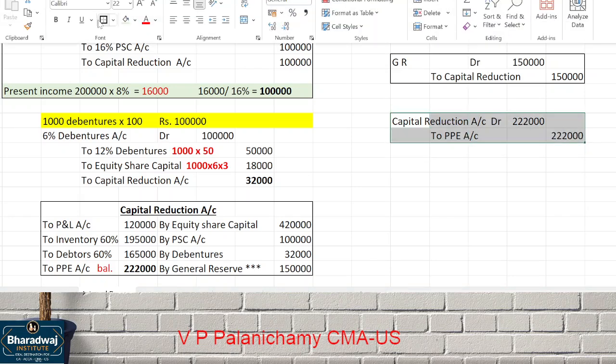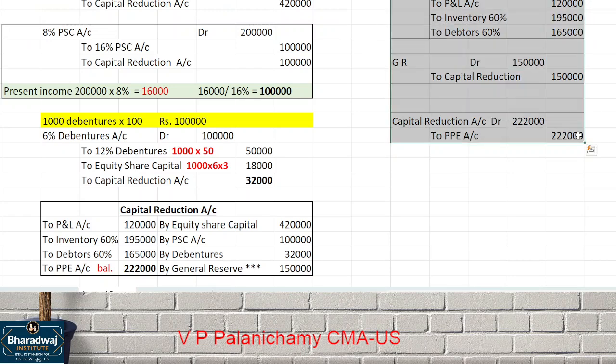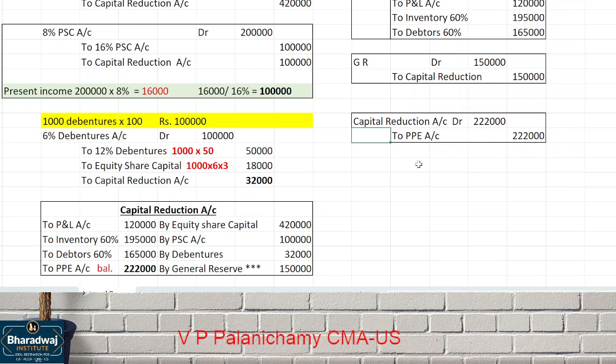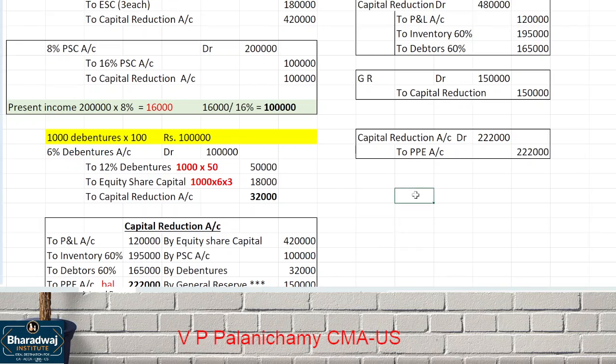Try to prepare the balance sheet with altered amounts. Balance sheet overall.